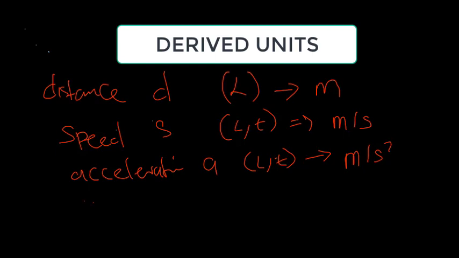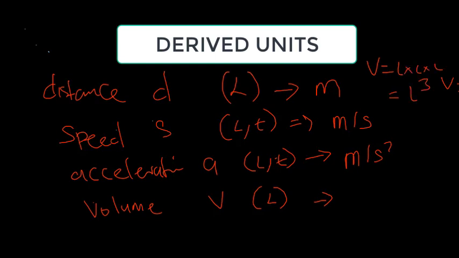Another example is the volume, where you know that the volume, with symbol V, is just derived from length, but we know from the formula that volume is given by length times length times length, meaning this is just length cubed. So this simply means meters cubed will be the unit for the derived physical quantity volume. And this is how we get these derived units of these derived physical quantities. So this is all about derived physical quantities.